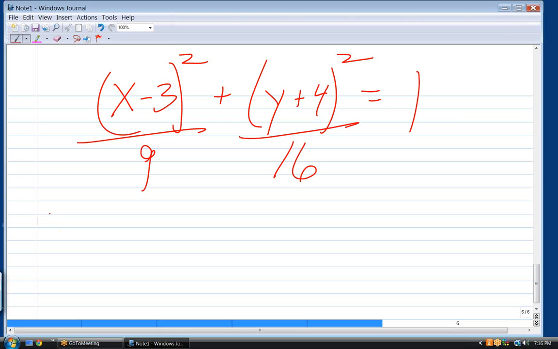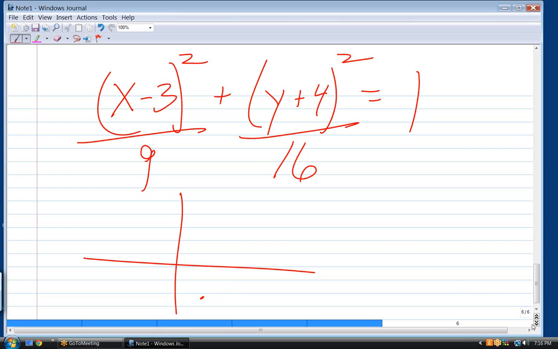So that is an ellipse. Horizontal or vertical? Vertical. Where's the center? Its center is going to be 3, -4. Good.